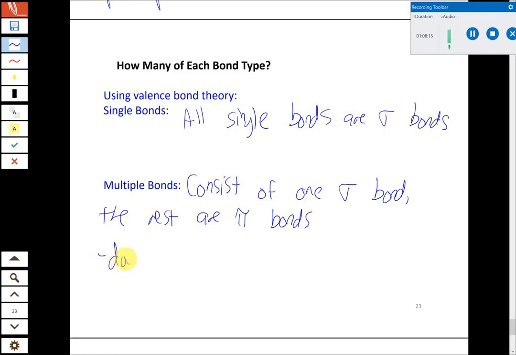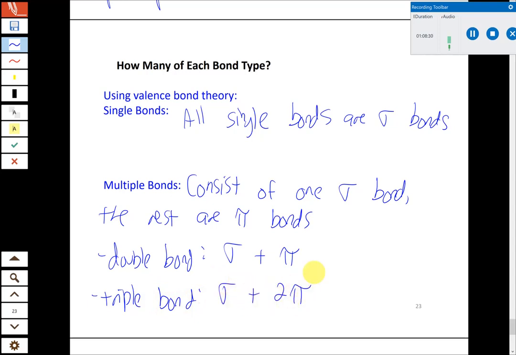If we have a double bond, bond order of 2, we're going to have 1 sigma and 1 pi. If we have a triple bond, that's going to be 1 sigma and then 2 pi to make up the total of the 3 bonds. So when you have multiple bonds, one of them will always be sigma, the rest will be pi bonds. Double bond is 1 of each, triple bond is a sigma with 2 pi bonds to make a total of 3 bonds.